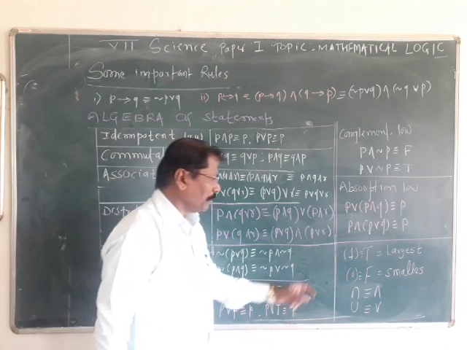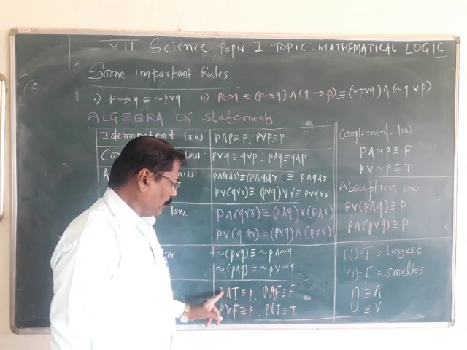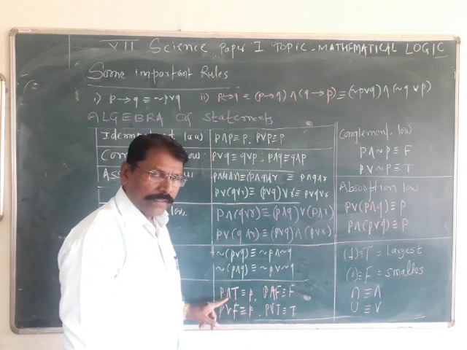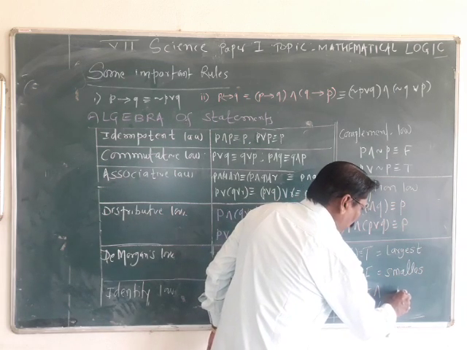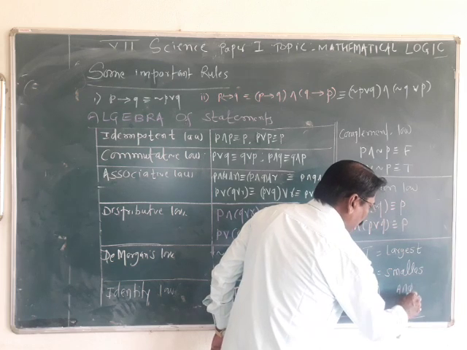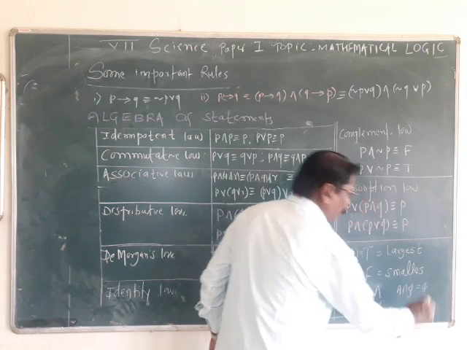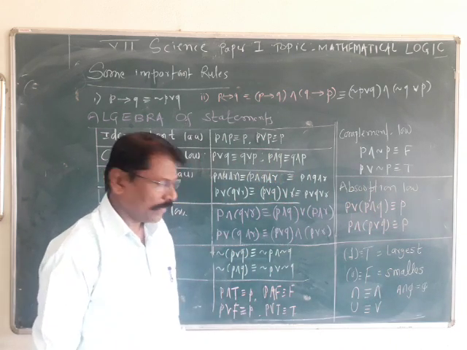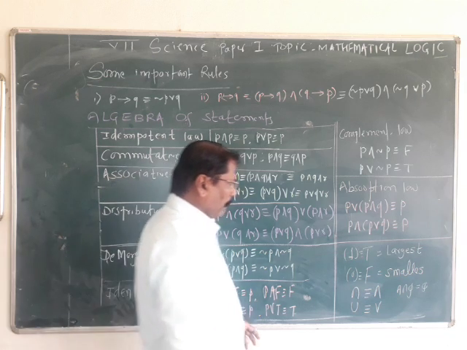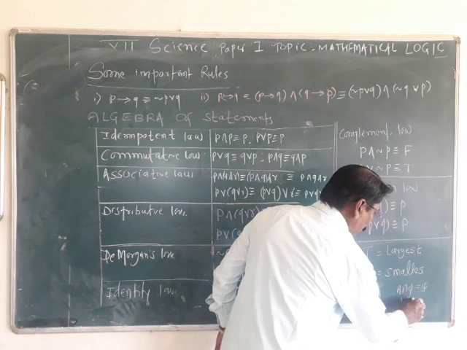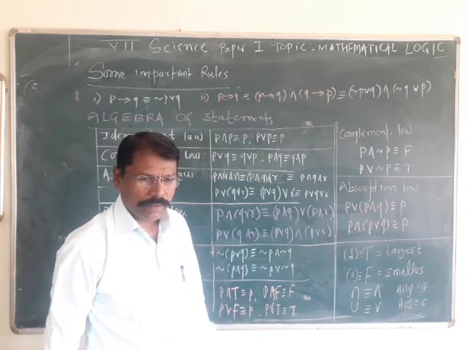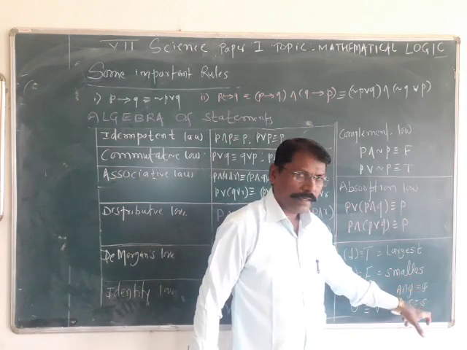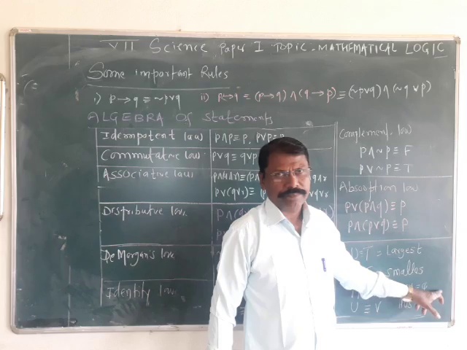Therefore, P and T, it is intersection. So you know that A intersection empty set will be empty. That is the smallest set. Here A union sample set is the sample space S. The largest here is S, the smallest is phi.